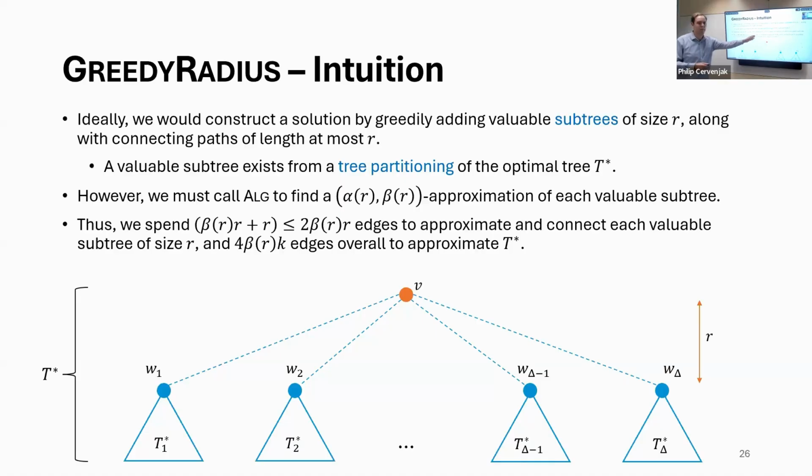We just simplified it to beta terms. And then we'll show a bit later that we have to use 4 beta of r times k edges overall to approximate the entire optimal solution.